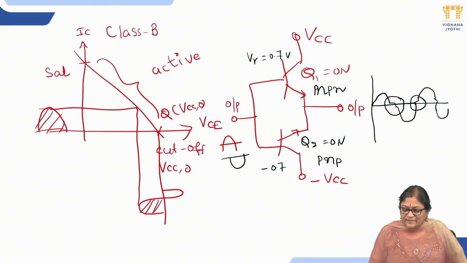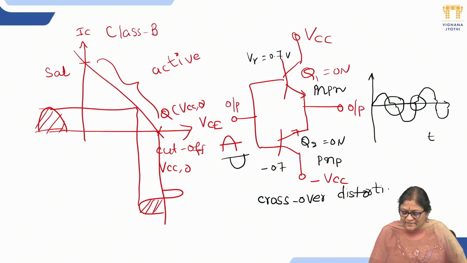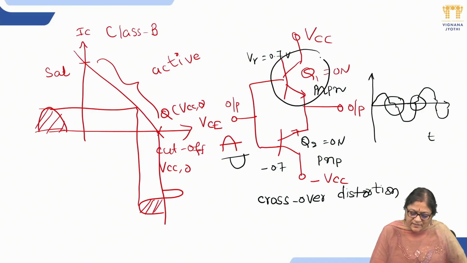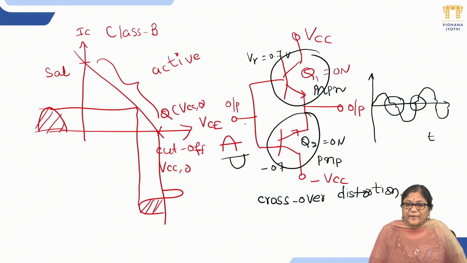This crossover distortion appears in Class B power amplifiers because the upper section and lower section make the output waveform by combining the positive and negative half cycles, and crossover distortion arises due to this.